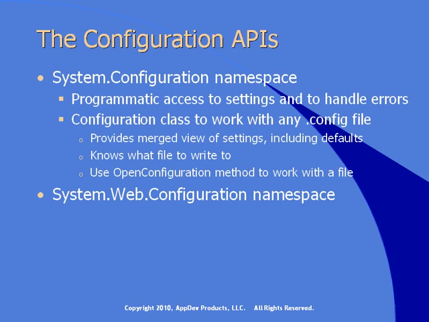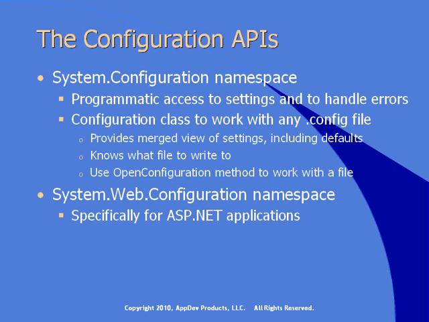The other namespace is the system.web.configuration namespace. The WebConfigurationManager in this namespace is used specifically to configure ASP.NET applications. It exposes an OpenWebConfiguration method that also returns a configuration object, and it includes members for accessing particular configuration settings that aren't as easily accessible via the generic ConfigurationManager.